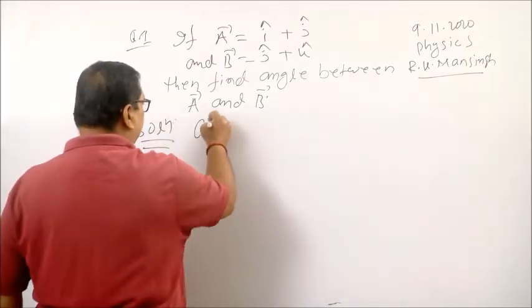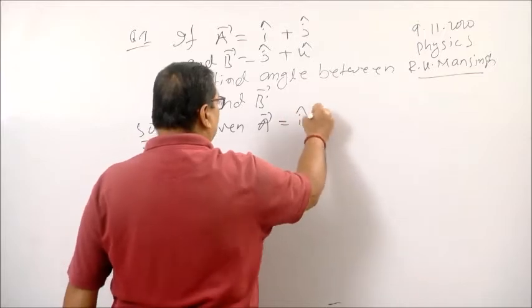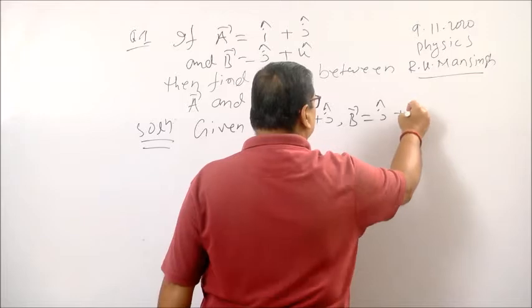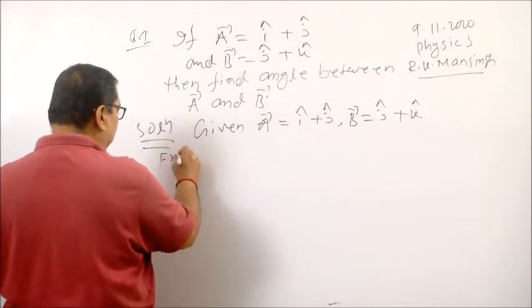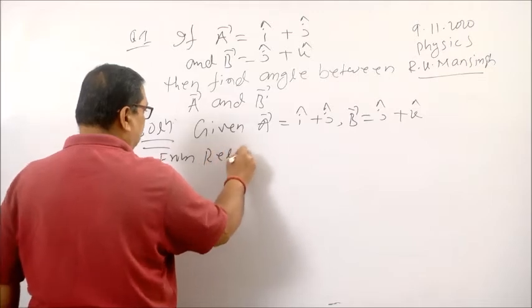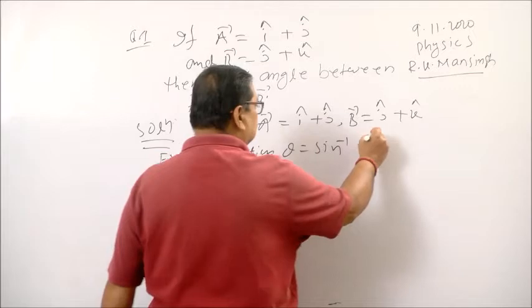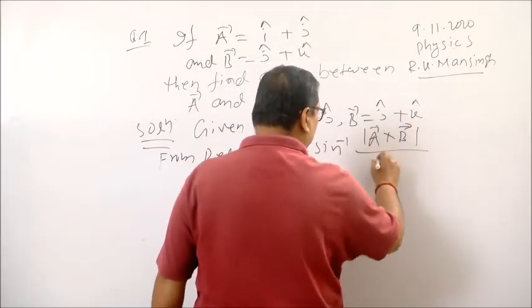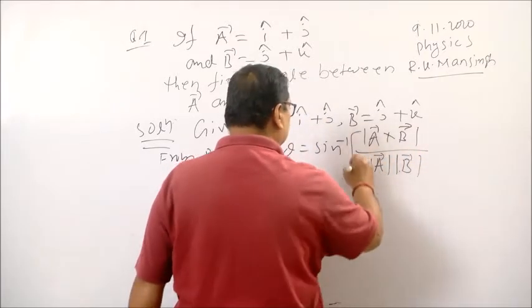First you write the given: vector A equals i cap plus j cap and vector B equals j cap plus k cap. From the relation, theta equals sin inverse of modulus of A cross B by modulus A modulus B.